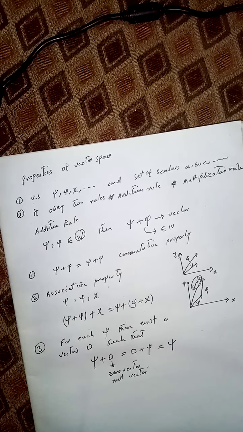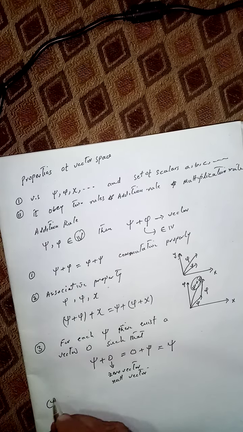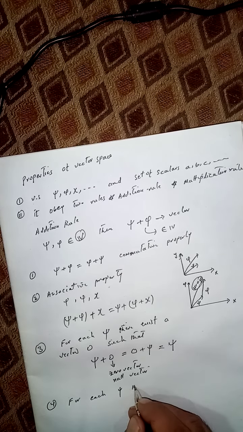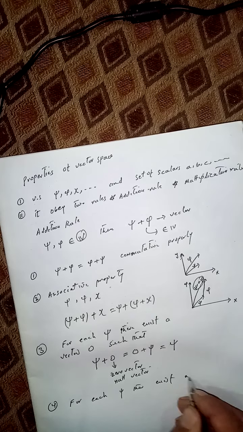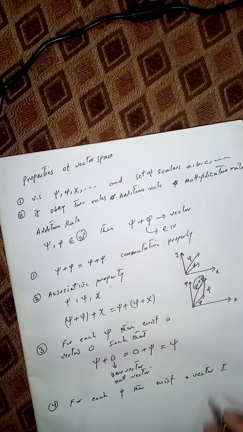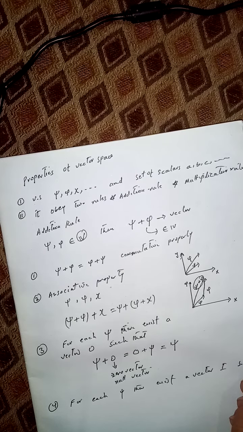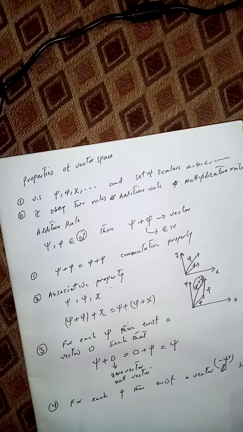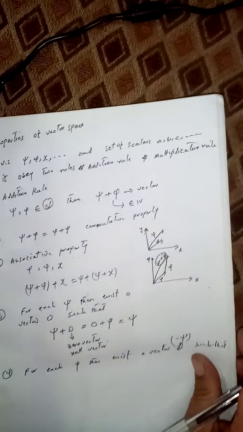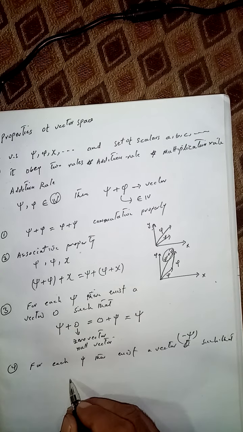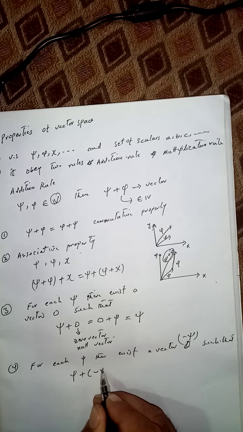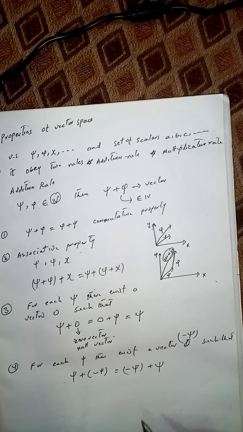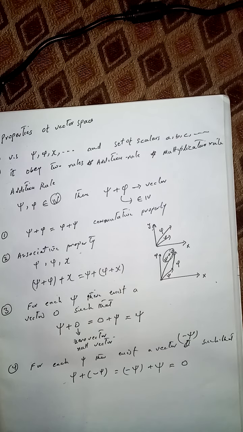And the fourth and the last property is, for each psi there exists a vector minus psi such that if I add this minus psi vector with psi, or if we add psi with this minus psi vector, we get a zero vector.